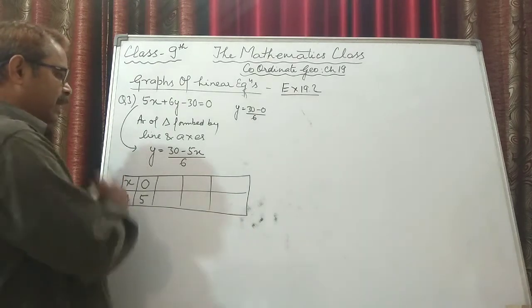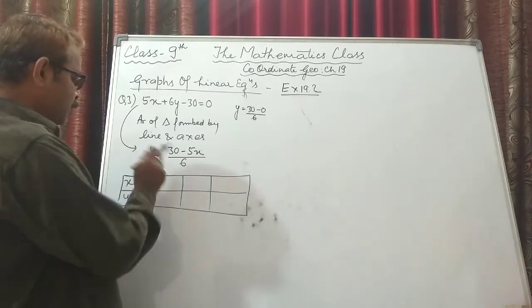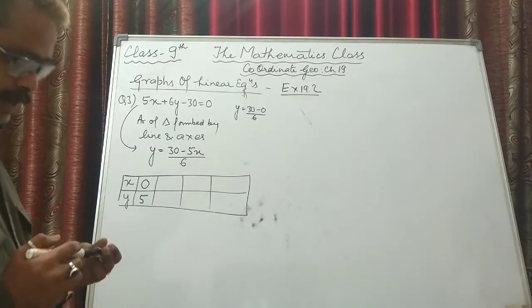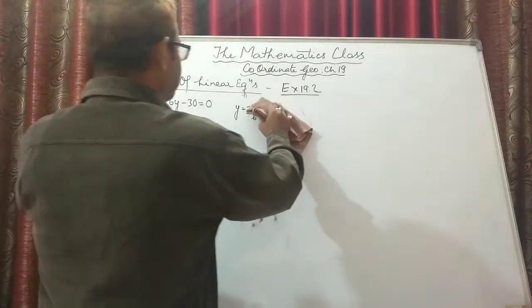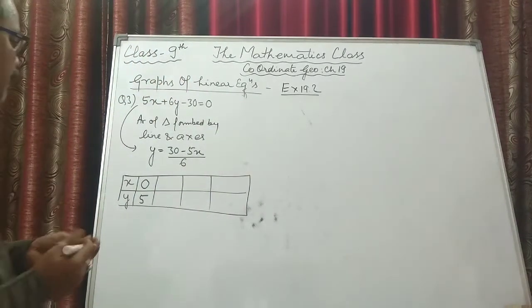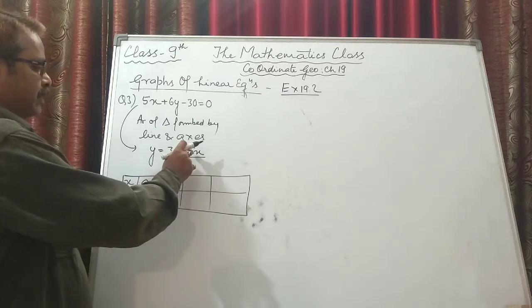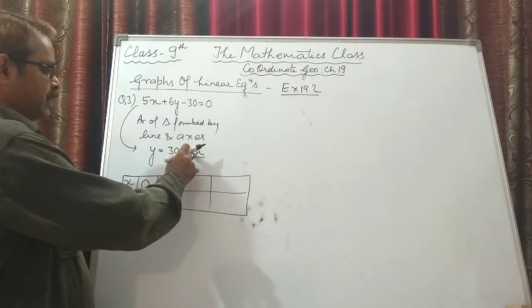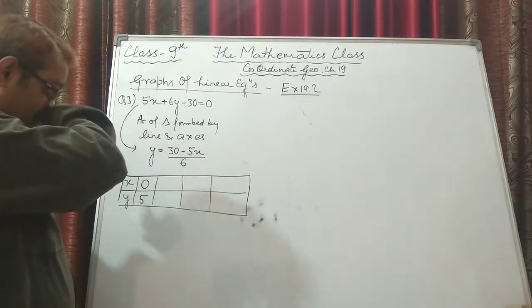Now I have got one value. Now I need to find the other values also. 5 2s are 10, 5 3s are 15, 5 4s are 20, 5 5s are 25.